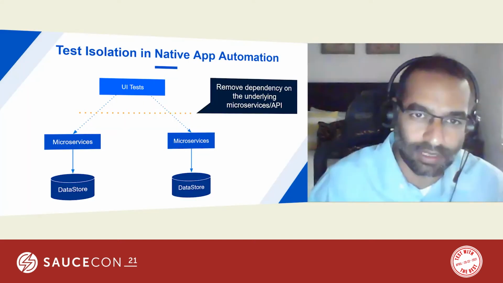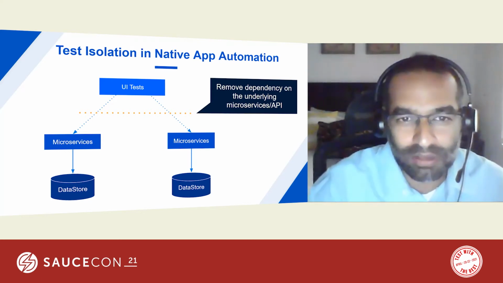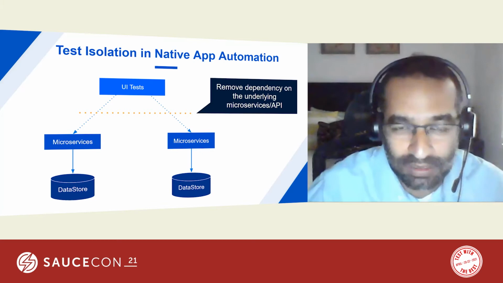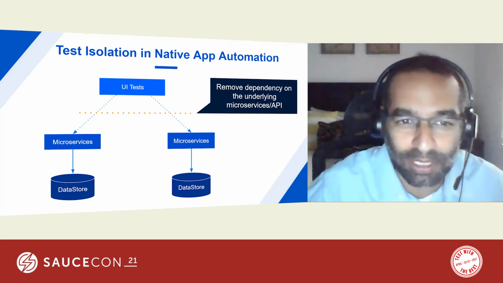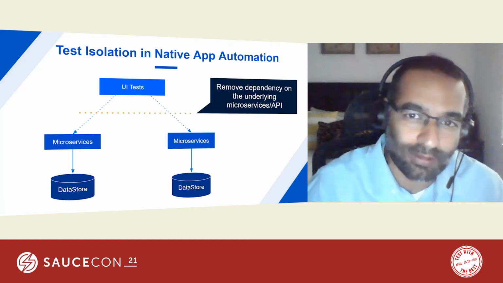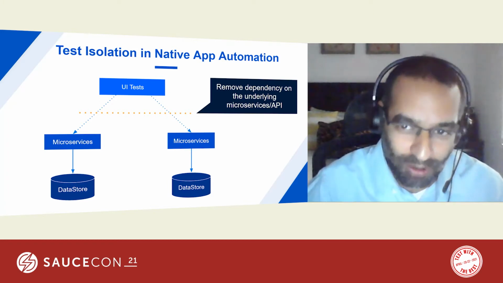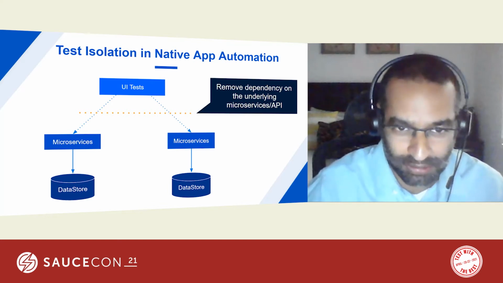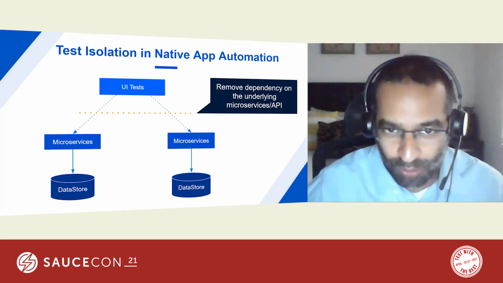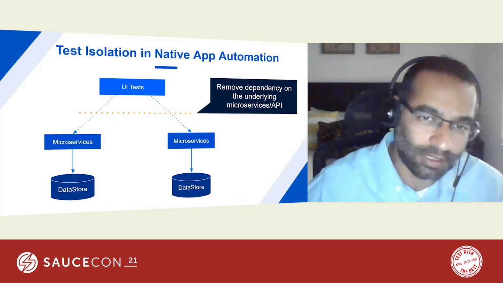As you saw in the previous diagram, the end-to-end tests depend on the underlying microservices. So when you talk about test isolation in native apps automation, you try to remove the dependency on the microservices or APIs underneath. How you do it is what I'm going to talk about in the next few slides and in a demo later on.